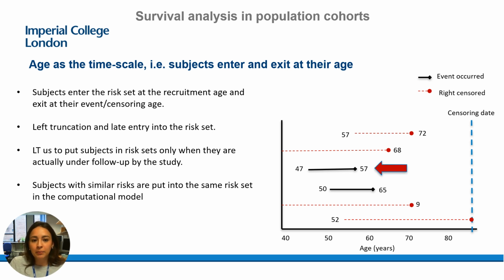My example here on the right hand side uses age as the timescale. At the event at age 57, this one here, the model is computing the risk estimates for those who were 57 years old, whether they were 57 at baseline or not.